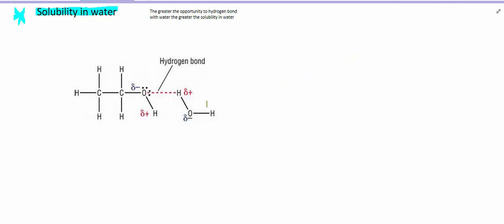So in a situation such as this, where we've got ethanol, we can see that we've got our hydrocarbon component over here, so this is non-polar, but then we have got our hydroxyl group here, which is quite polar and capable of hydrogen bonding.